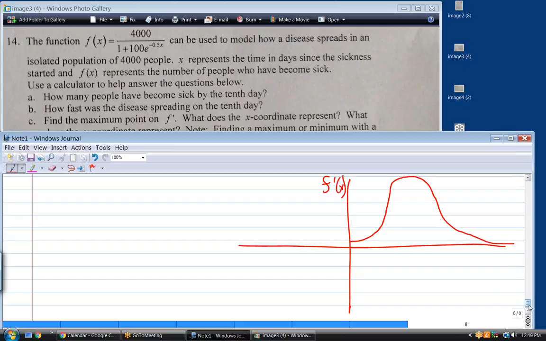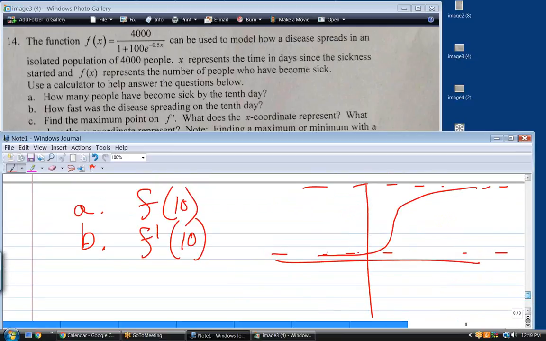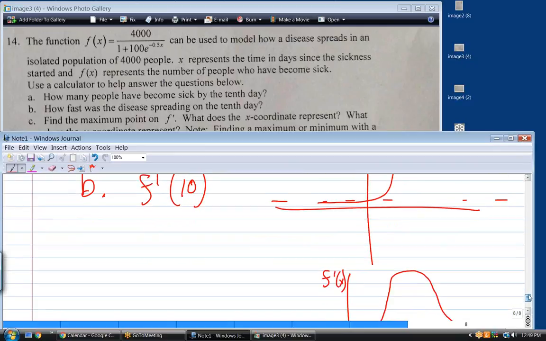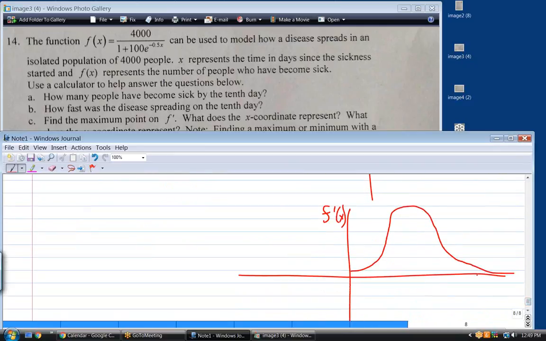In this logistic function, these are low slope numbers, these are high slope numbers right there, and these are low slope numbers, and they're all positive. In other words, it never goes negative.